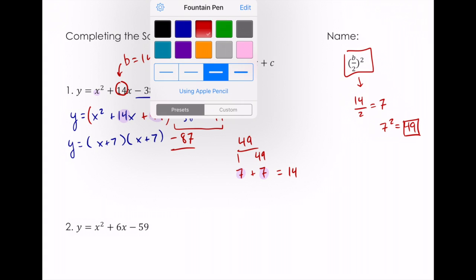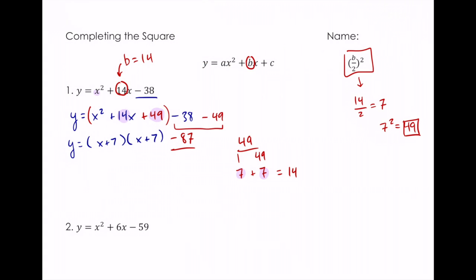So mathematicians like to take shortcuts a lot. Instead of me writing x plus 7 times x plus 7, instead of me writing that 2 times, there's a shorter way to write that. We would say x plus 7 squared. This exponent of 2 means write it twice. So we just want to shorten it and write it once and then use an exponent to show us that we're doing it twice.